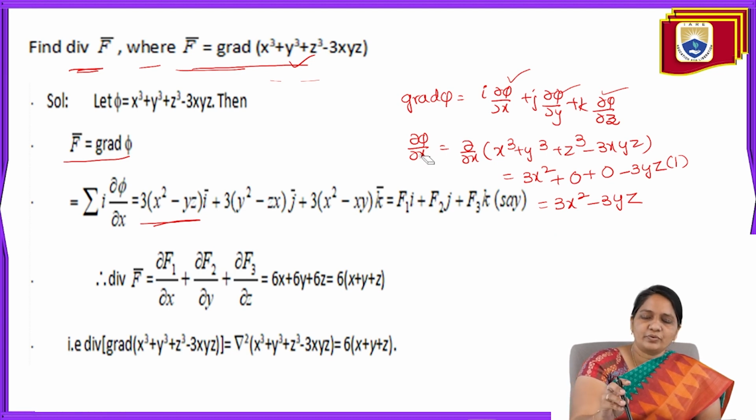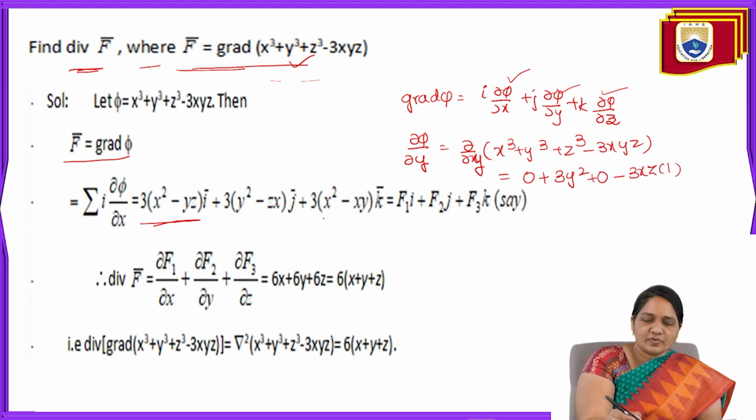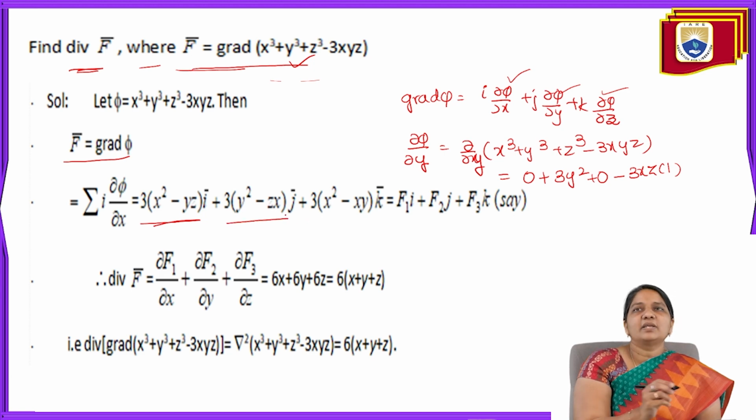Now I am going to calculate with respect to y. So dou by dou y of phi. Here with respect to y, x cube is constant, so this is 0. Plus y cube is 3y square. Plus z cube is 0. Minus 3xz, y is 1. So finally this is 3y square minus 3xz.